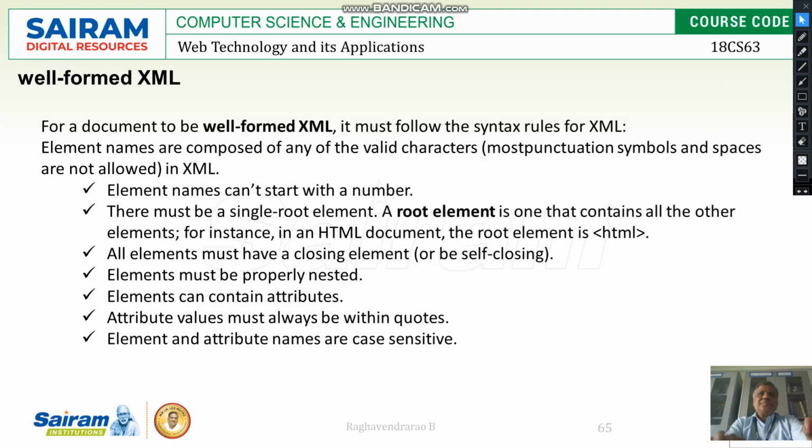Then fields can contain attributes. Values must be in quotes, and attribute names are case sensitive. The way you write it in the database, you should write it similarly in the XML. If that does not match, then it will not be accessed. So it is case sensitive towards the attributes.